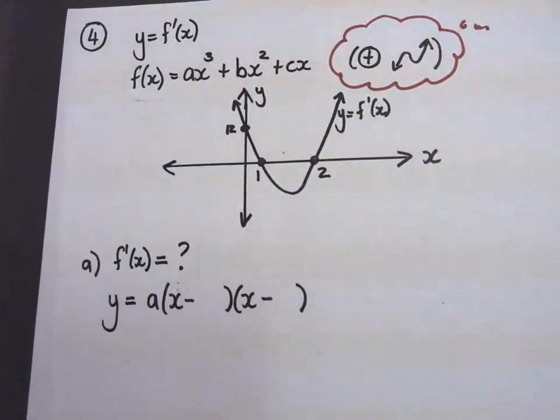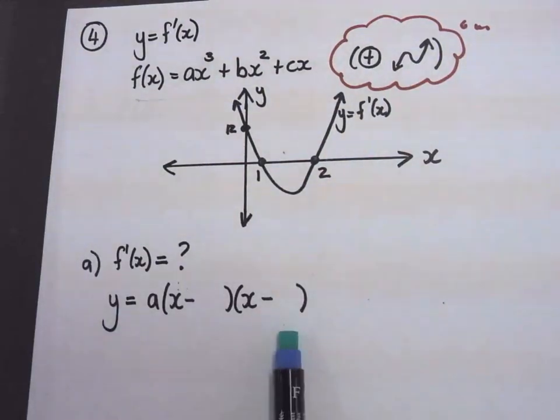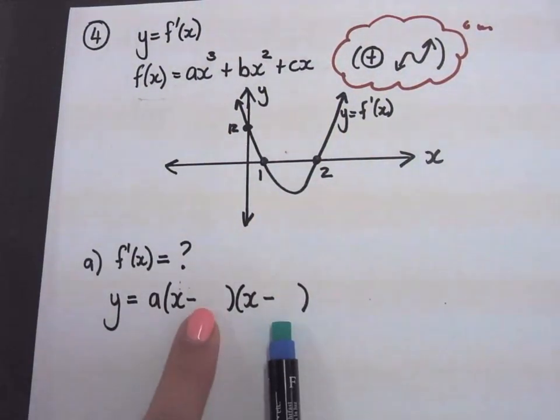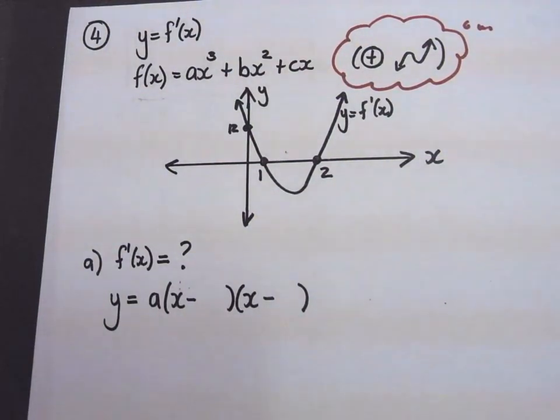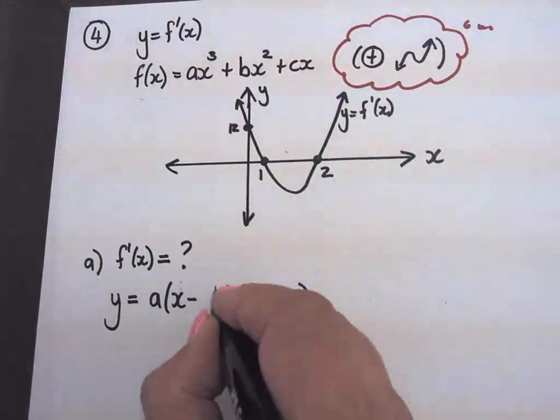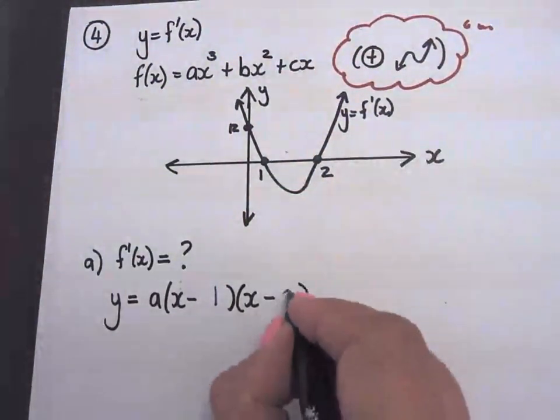What we can do here is first find the equation of the first derivative. So find the equation of the parabola. You already know how to do that. You use this standard form and you just substitute the x values, so it will be 1 and 2.